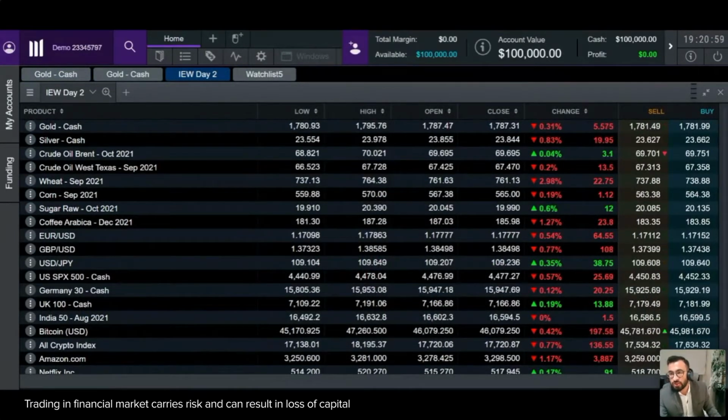There is a question: in an actual account, how do we transfer the money to this trading account? If you have a live trading account, all you have to do is transfer money to CMC Markets Australia. There in your live account, the details are already given. There are two ways to do it.